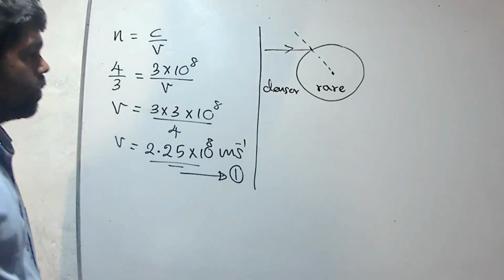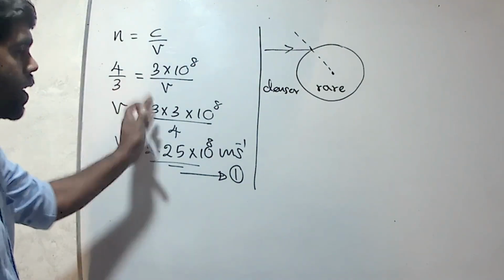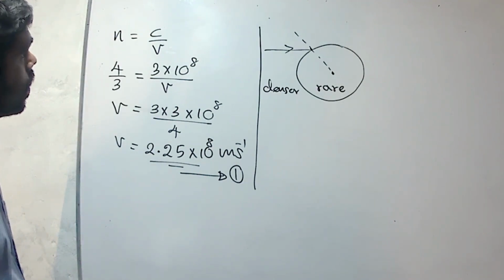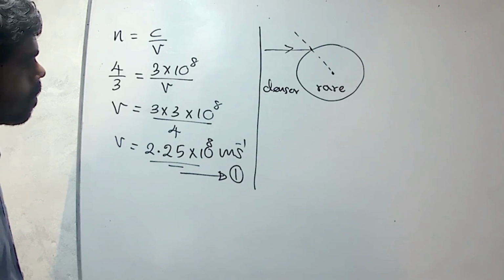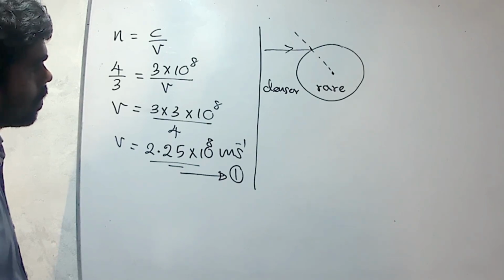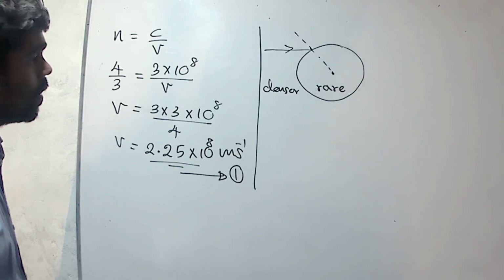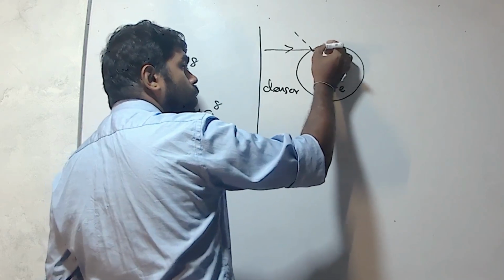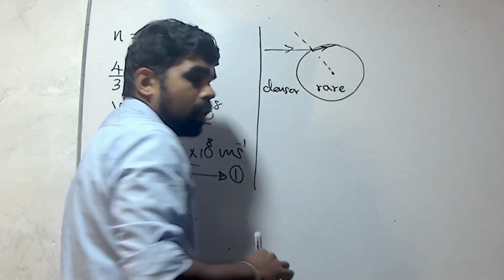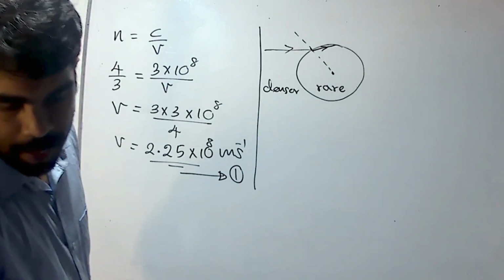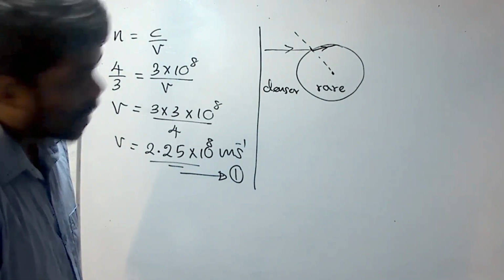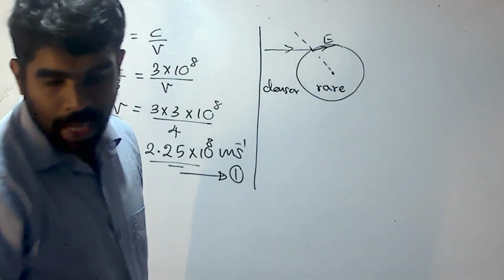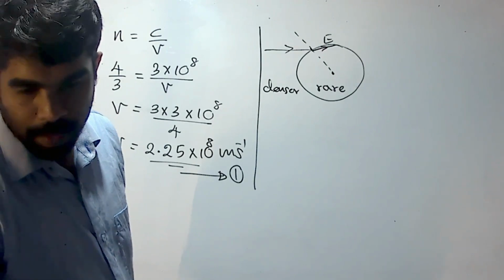When the light ray is moving from a denser medium to a rare medium, it should move away from the perpendicular line. Therefore, it should move in this direction. There is only one ray drawn in the correct direction. It is E. Then the answer is 5.